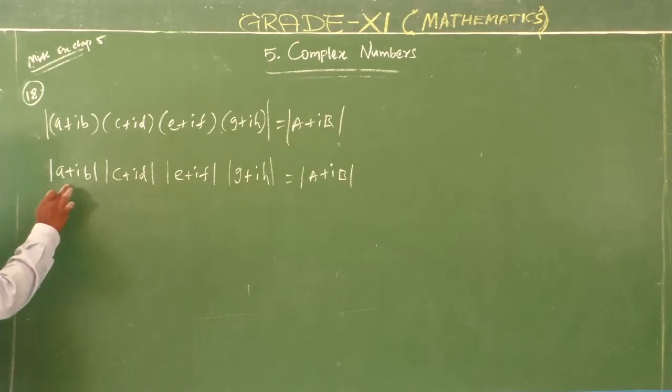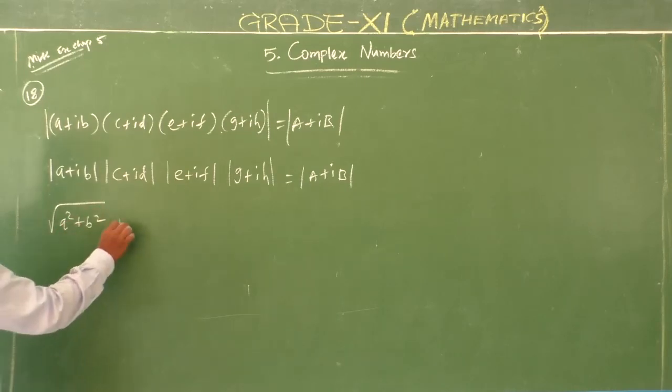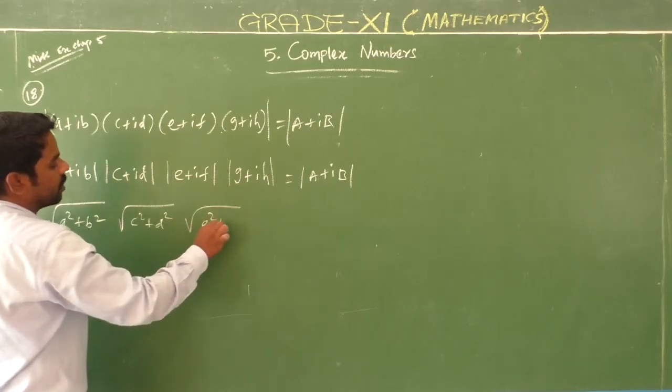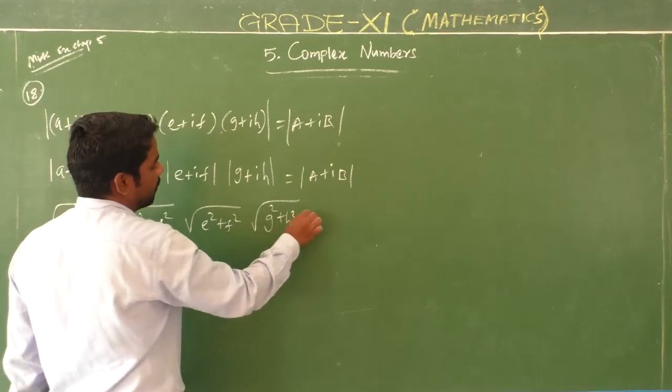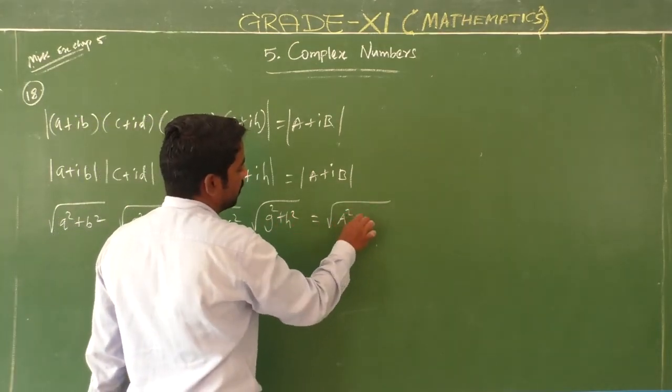Right. The modulus of a plus ib is the root of a square plus b square, that is, real part square plus imaginary part square. So root of a square plus b square, into root of c square plus d square, into root of e square plus f square, into root of g square plus h square, is equal to root of A square plus b square.